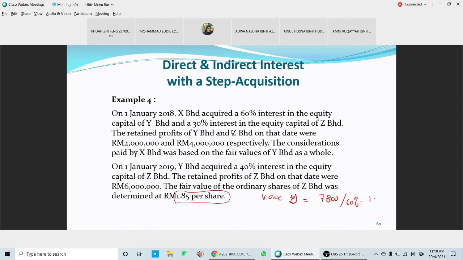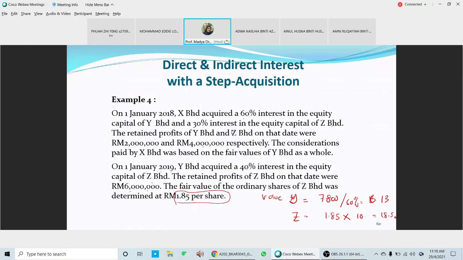Okay, in Z it's already given. The fair value of Z here is 1 ringgit and 85 times the number of shares in Z. So the number of shares in Z here is 10 million. So this one will be 18.5 here.